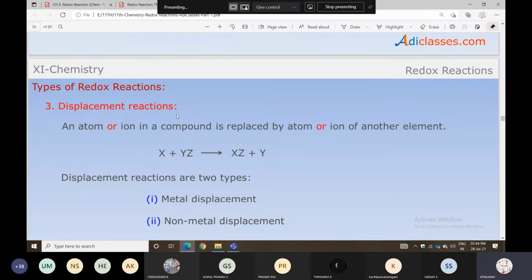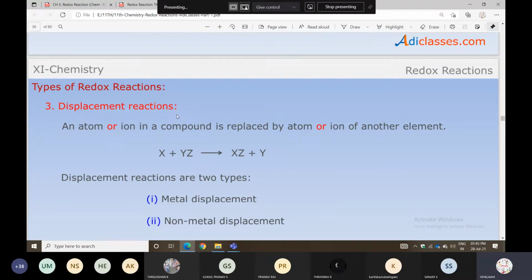Next we have displacement reactions: metal displacement reactions and non-metal displacement reactions also. An atom or ion in a compound is replaced by an atom or ion of another element. So it is an exchange type.